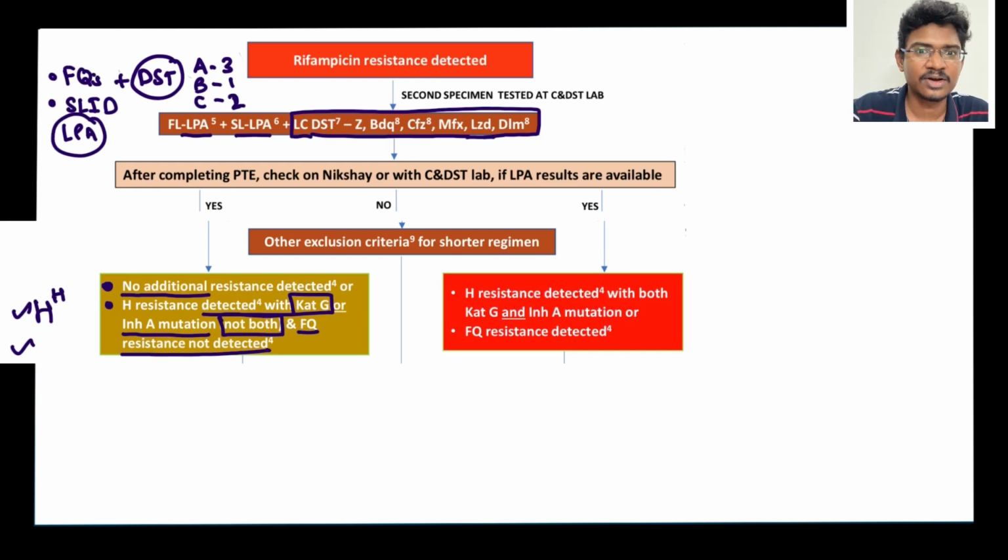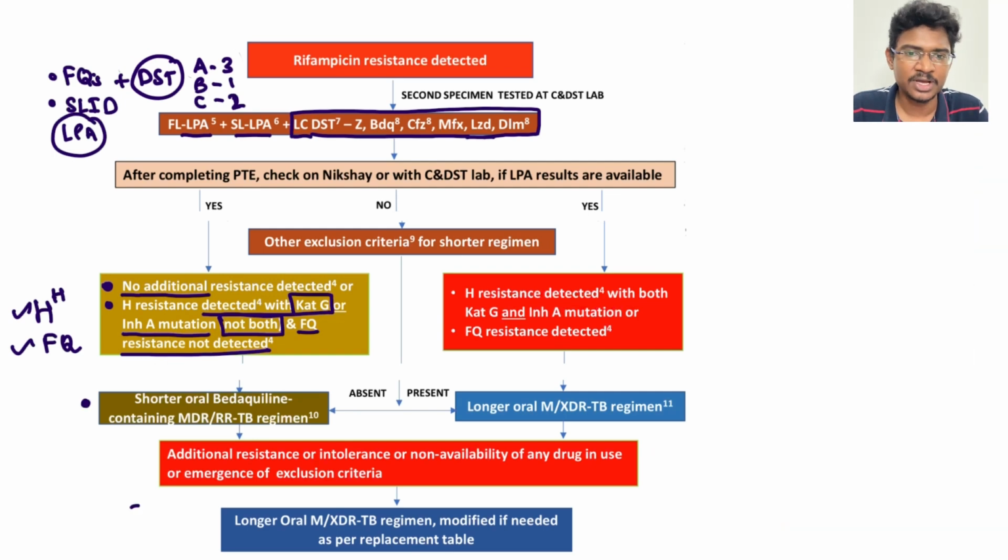So here what drug set can we give? We can give our famous shorter oral bedaquiline-containing MDR-TB regimen, which is nothing but bedaquiline, fluoroquinolone, because fluoroquinolone should be given. Next, clofazimine, and also in that oral regimen we can give ethambutol, pyrazinamide, ethionamide. Okay, this can be given.